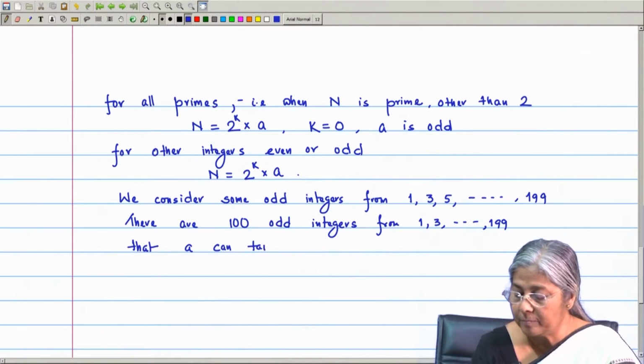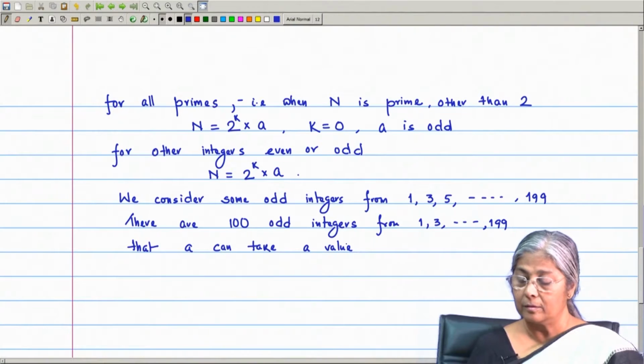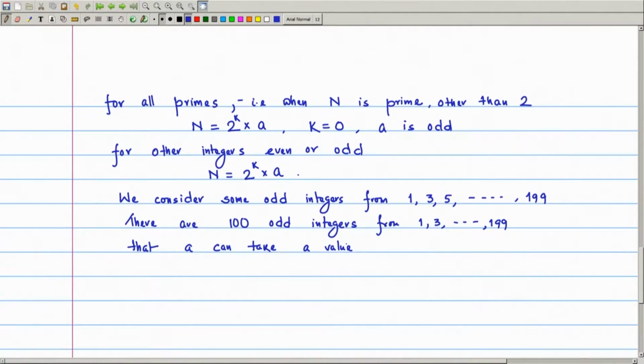Say we choose two integers, n1 equal to 2 to the power r into a, and n2 equal to 2 to the power s into a.